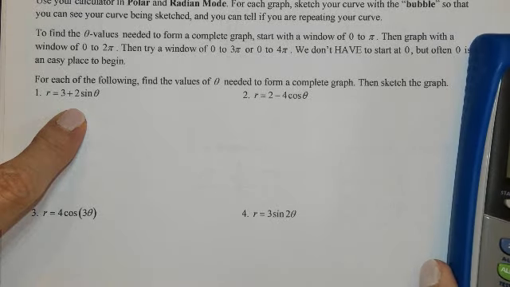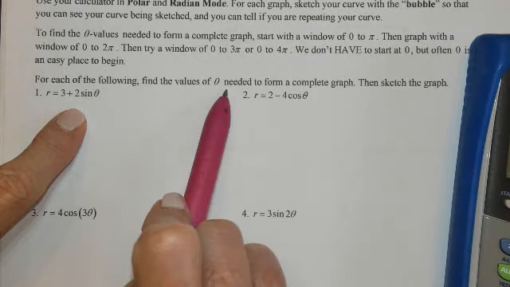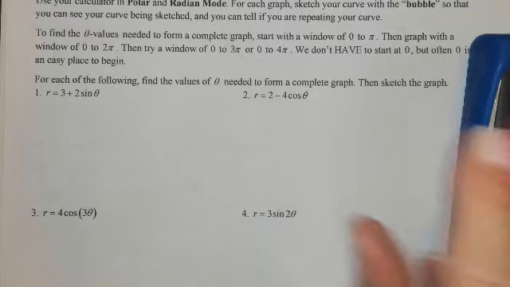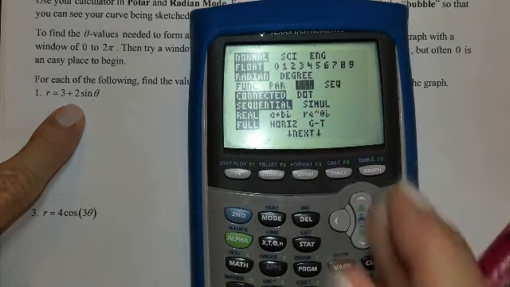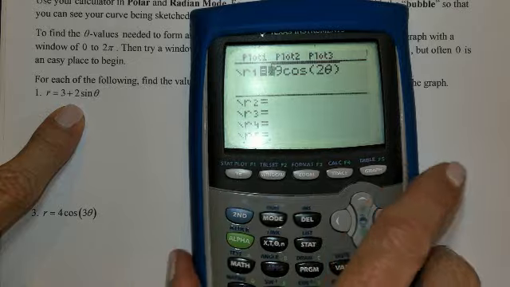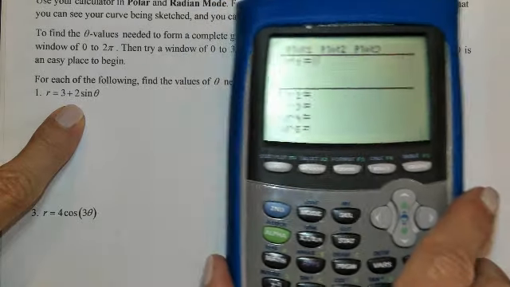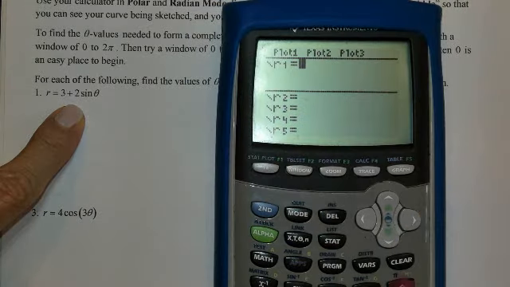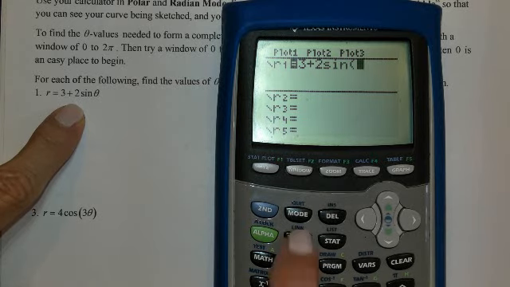For each of the following, find the values of theta needed to form a complete graph, then sketch the graph. When we're in polar mode, if you push y equals, you don't get y equals, you get r equals. So let's put in 3 plus 2 sine theta.